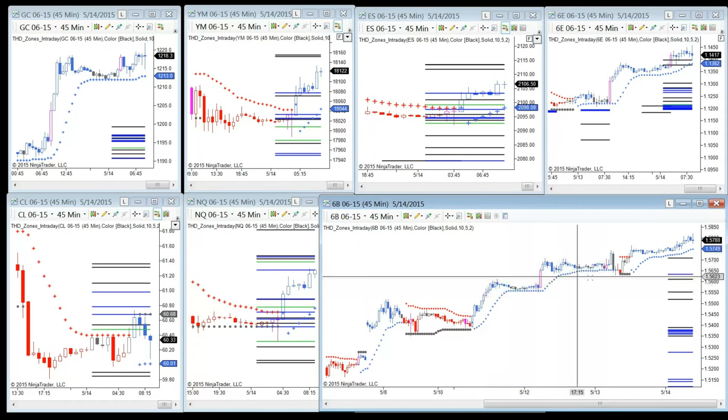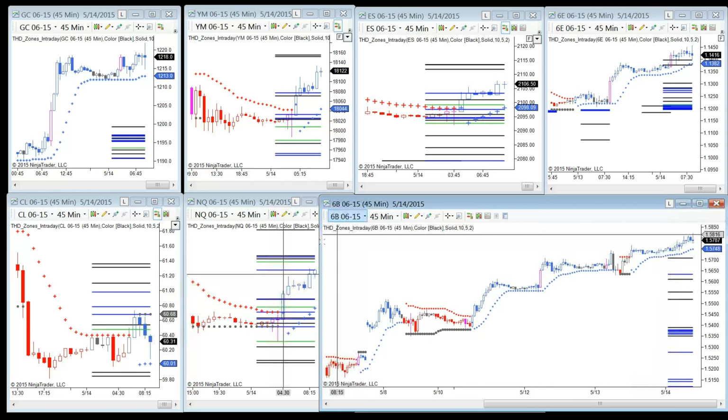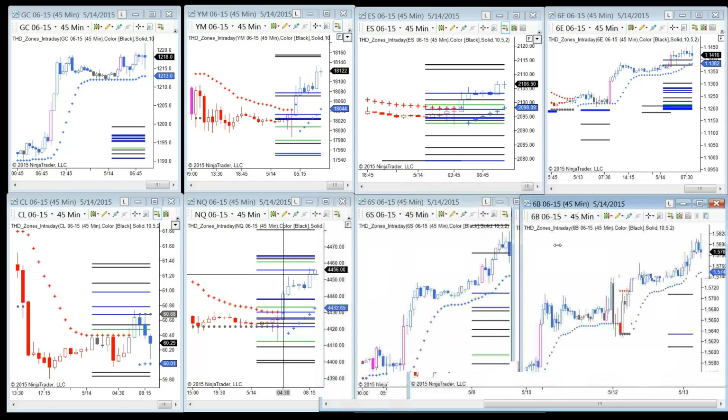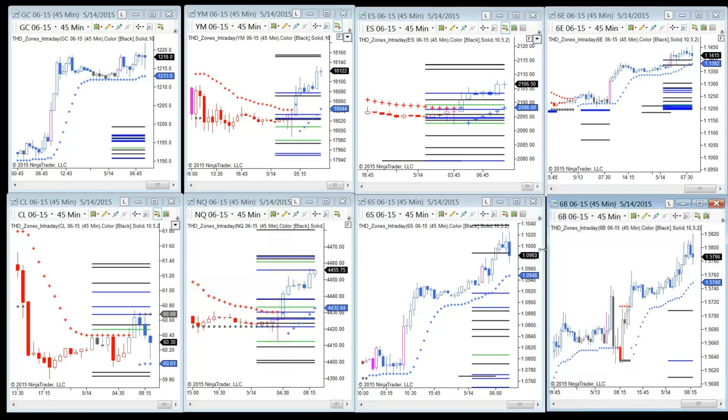Again, here. Here. I mean, here. This one, 57.29. You could have said stop at 20 ticks. Okay? That's not painful on a 45-minute chart. I'm telling you, I know pain. I've had a lot of it.